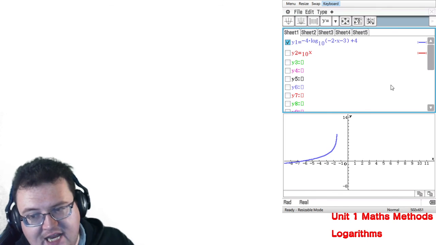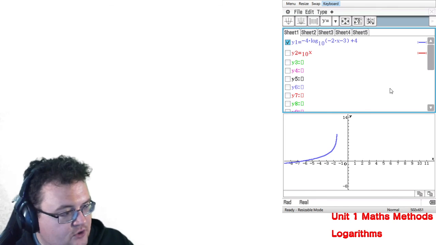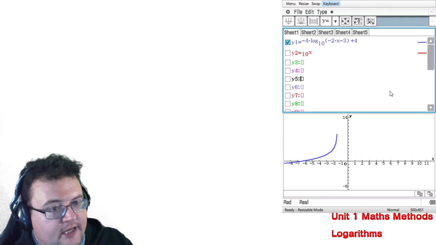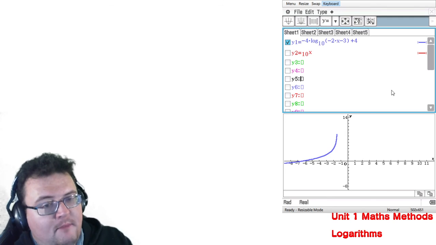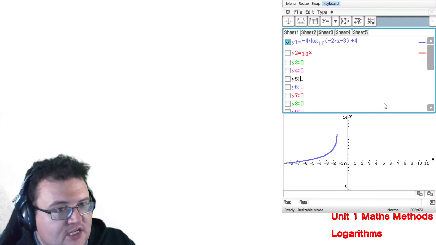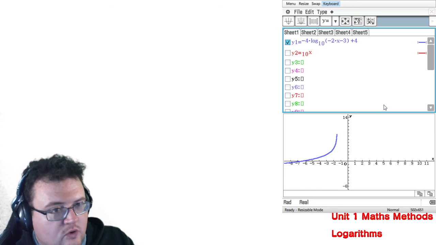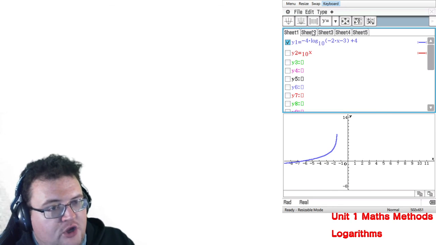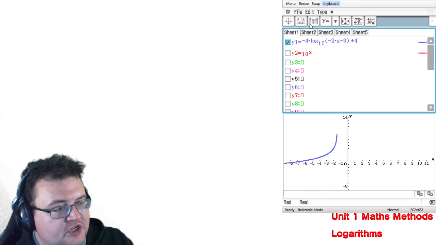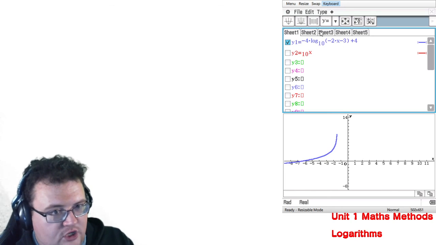All right, if you need to practice or you need assistance in drawing them, make sure that you get it up on your CAS screen first and draw a table of values. And what you can also do is, remember, your CAS can also generate that table of values for you.